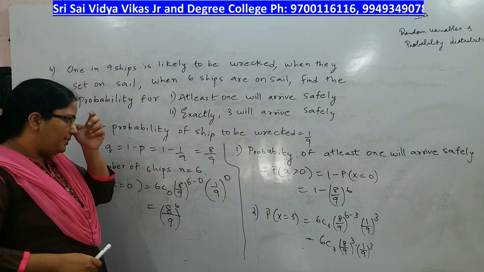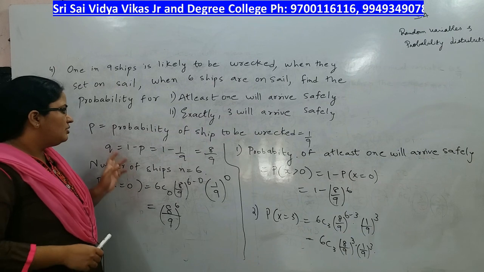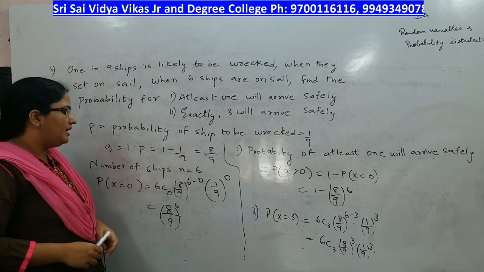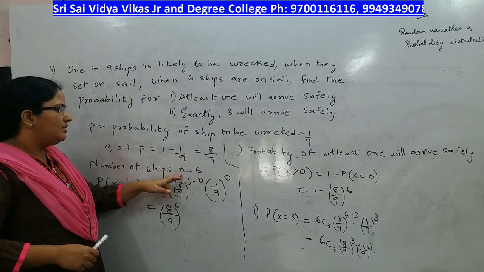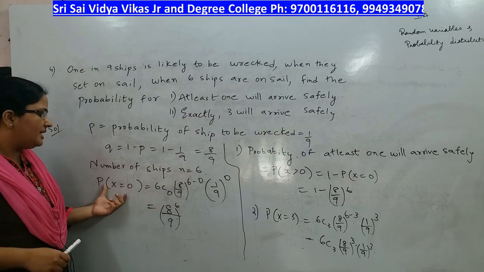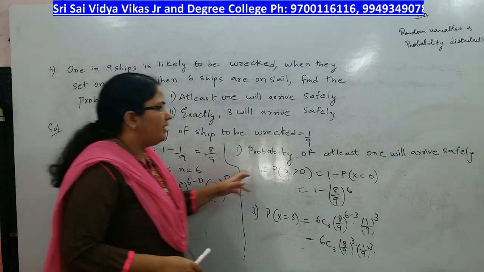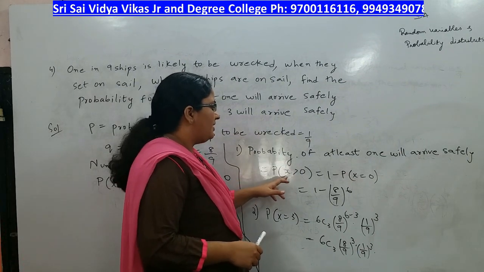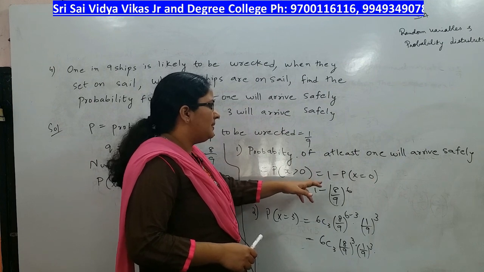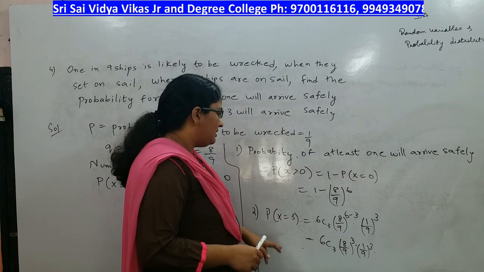That is about the problem. Here we have taken the probability of a ship being wrecked as 1 by 9, so the Q value will be 8 by 9. The number of ships is taken as 6. None of them reaching safely is taken as x is equal to 0. The probability that at least 1 will arrive safely is P of x greater than 0, that is 1 minus P of x is equal to 0, 1 minus (8 by 9) whole power 6.